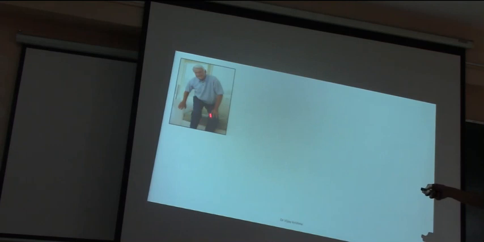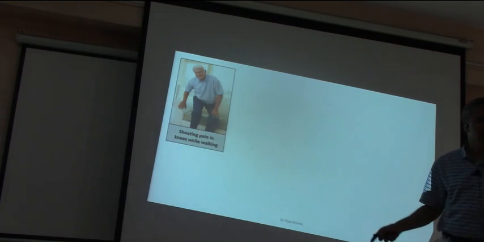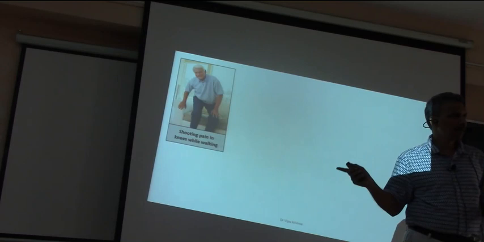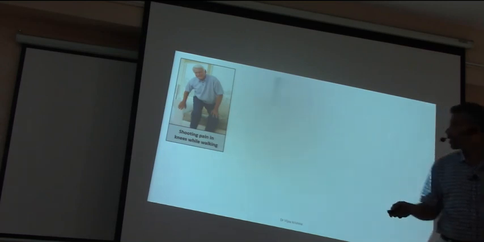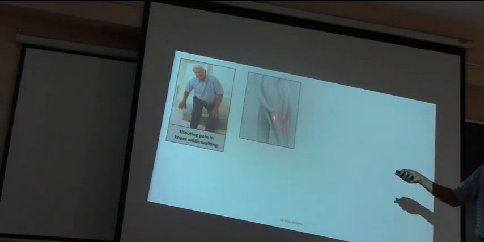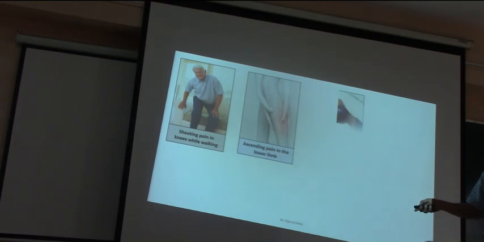Now what do you see? Pain in knee. Shooting pain in knees while walking. I have given all this in the note. Shooting pain in knees while walking. And then this is a small pictorial representation of ascending rheumatism. It starts here and it goes up. Ascending pain.